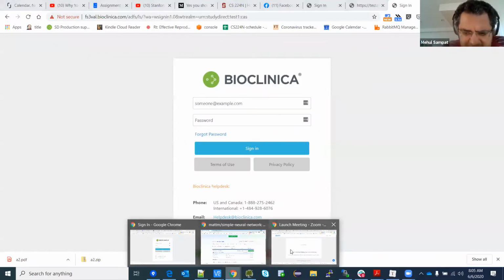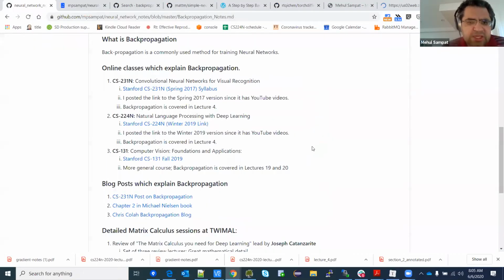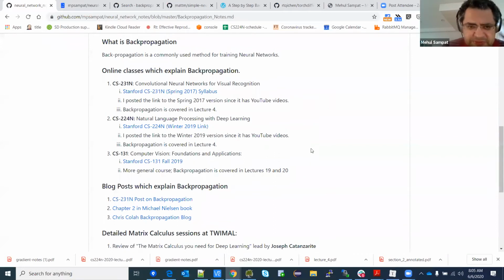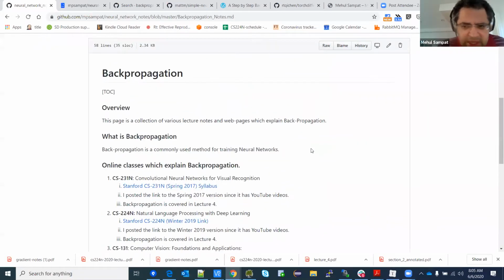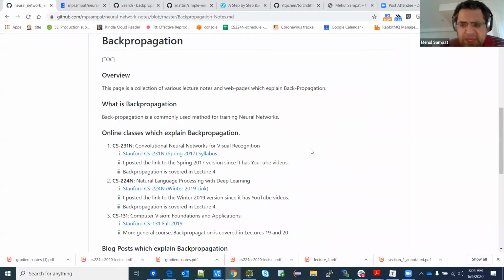Do you see my browser? I made a small README note. It's basically a small repo on my GitHub, because as I went through, I found a lot of different material.